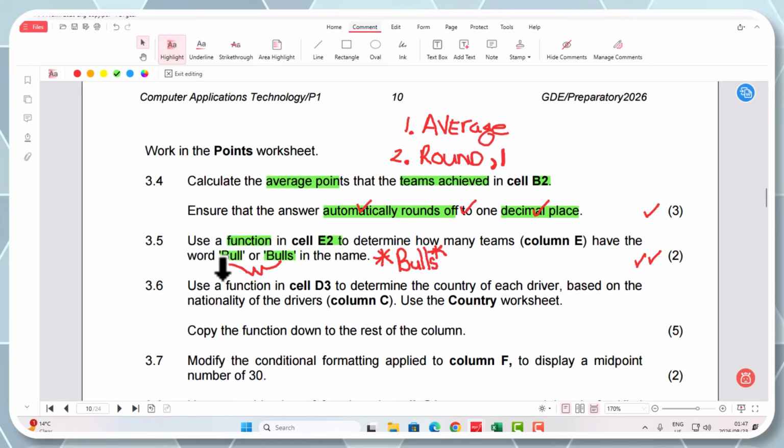3.6. Use a function in cell D3 to determine the country of the driver based on the nationality of the drivers. Use the country worksheet. Copy the function down, okay, to the rest of the column.